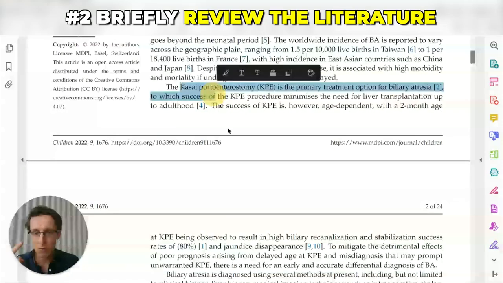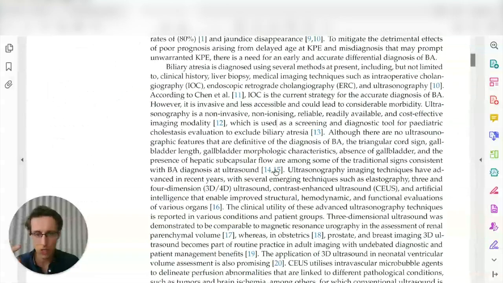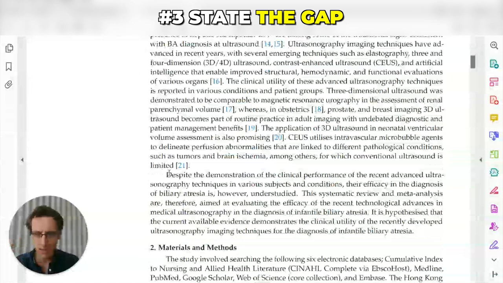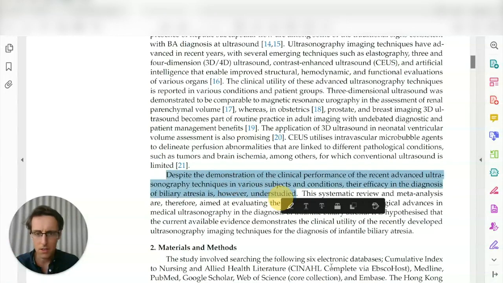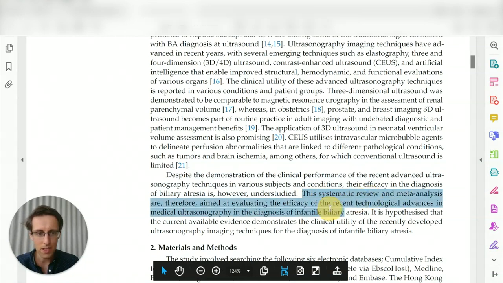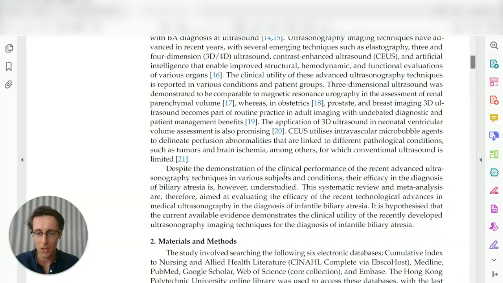And then you briefly review the literature on this topic. So that's number 2 in the introduction. And then number 3, you state the gap, okay? And then you present the aim. And it's really in the aim where for the first time you say that this is going to be a systematic review and a meta-analysis. So that's the first difference, okay?